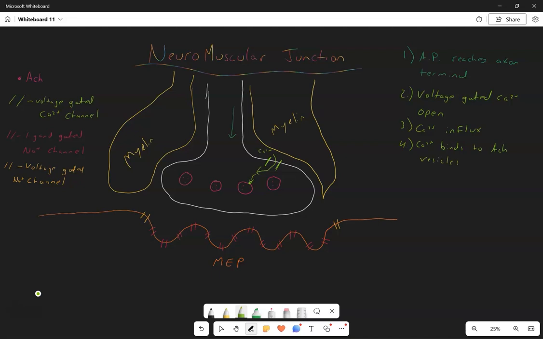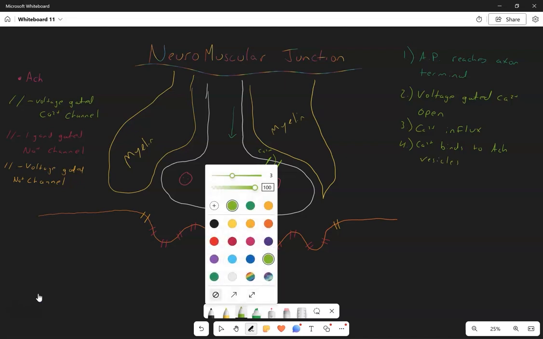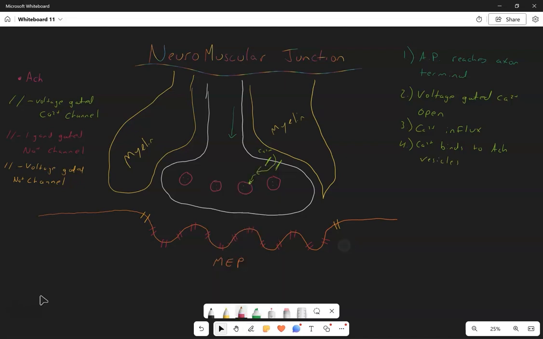All right. So when that happens, these vesicles are going to come over and fuse with that neurolemma, that plasma membrane of the motor neuron. When they fuse with the neurolemma, that's going to cause exocytosis.